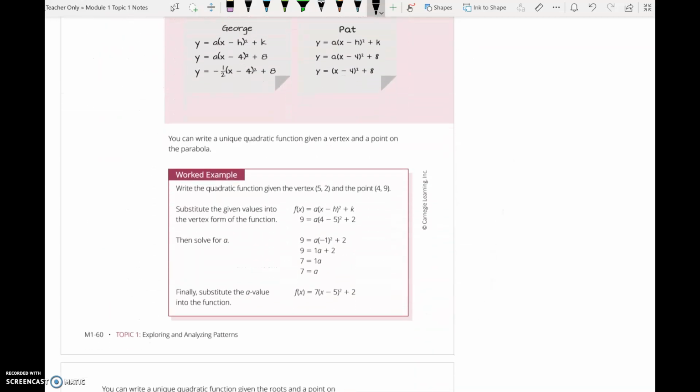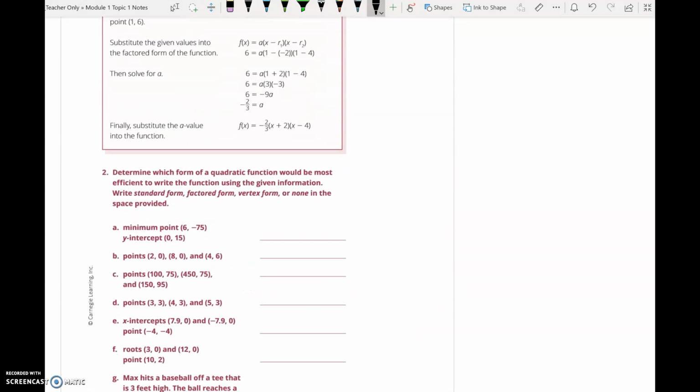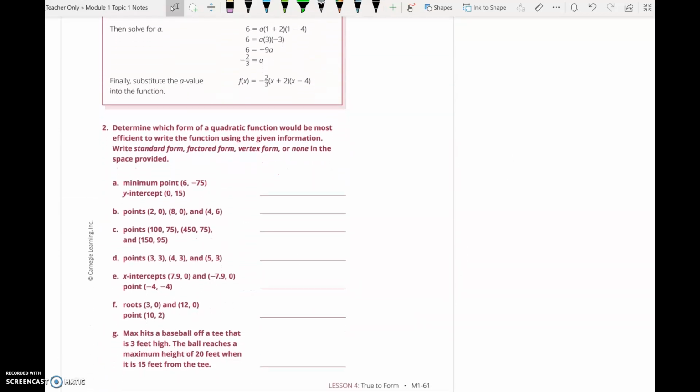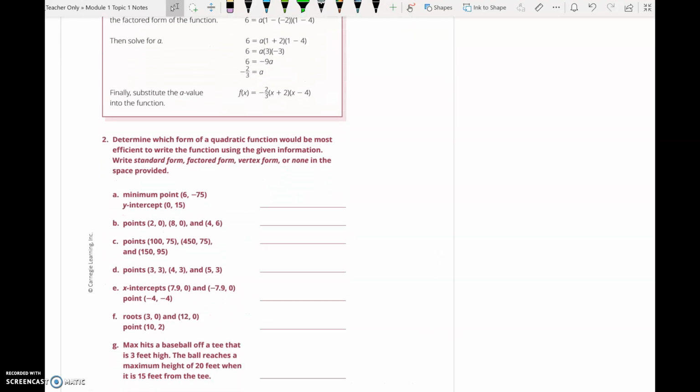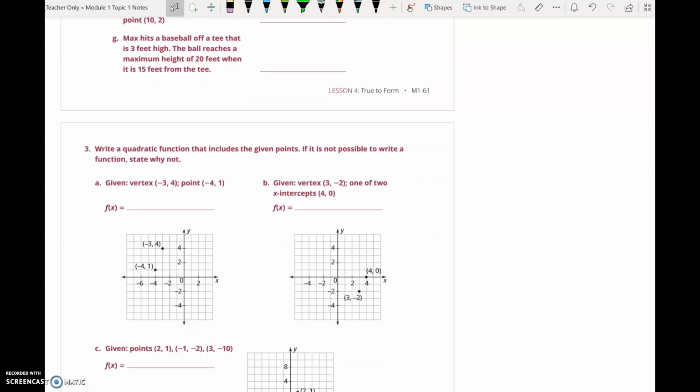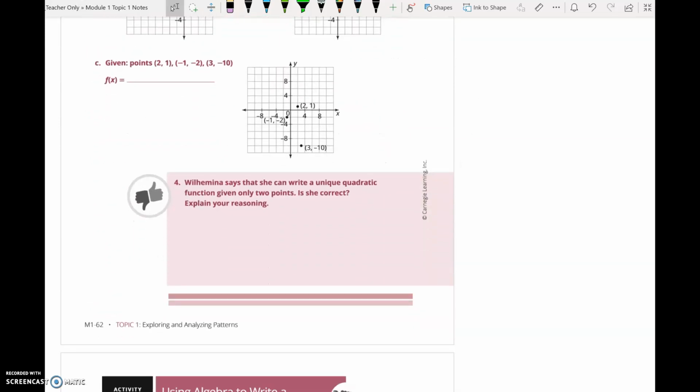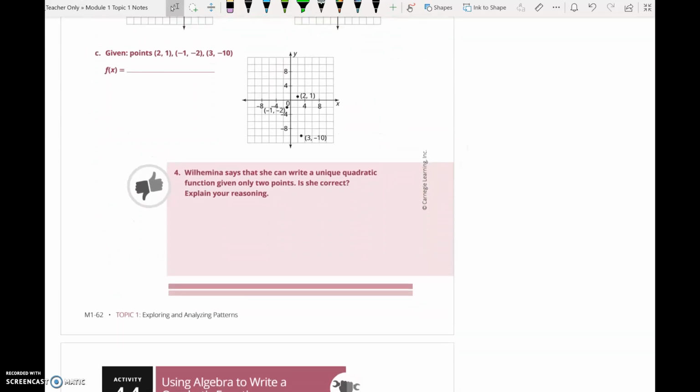So now we're going to work on writing some quadratics. This right here is a lot of crazy wording, so we are just going to skip ahead to page M162.